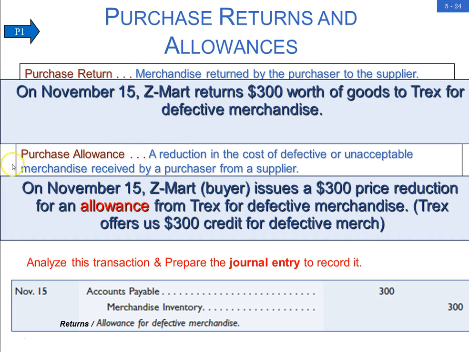In the second example where we're getting an allowance or they're giving us a price reduction, we've still got the same amount of goods, but it cost us less. And remember, that cost basis is so key. It's the cost principle. We record things at their cost, not at their worth, not at their number, not at their quantity, nothing except for cost. Keep it real simple.